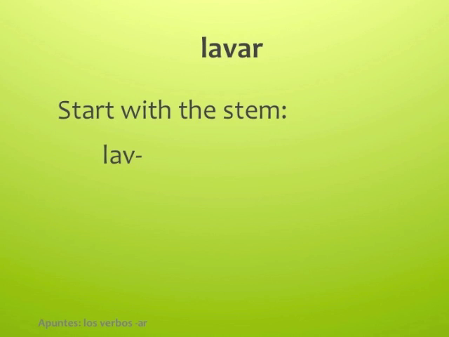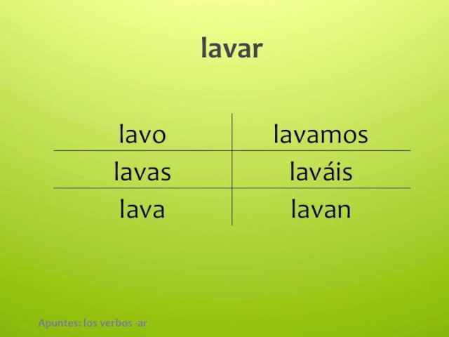Let's do a couple more verb charts for practice to make sure we're getting the hang of this. Let's start with the verb lavar. Remember, start with the stem lav, L-A-V, and then we'll add our new endings. Try doing this on your own before advancing the video. The yo form, lavo, means I wash.